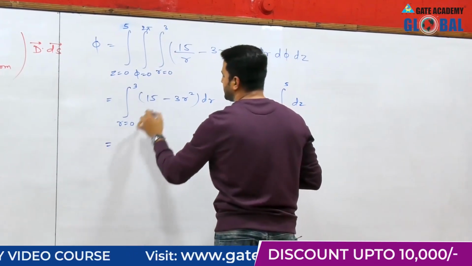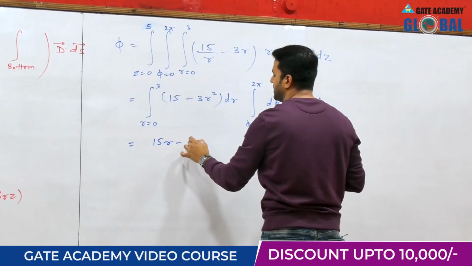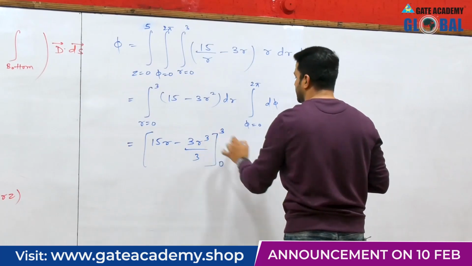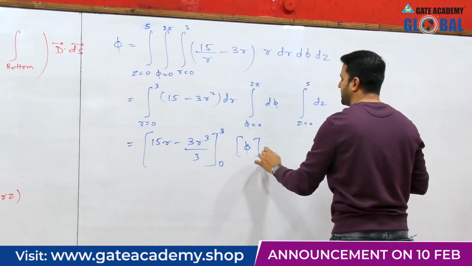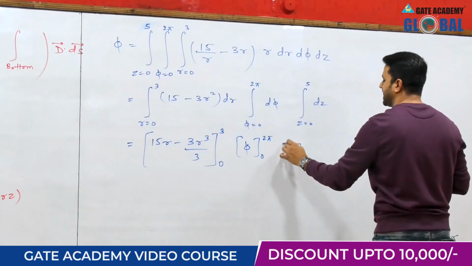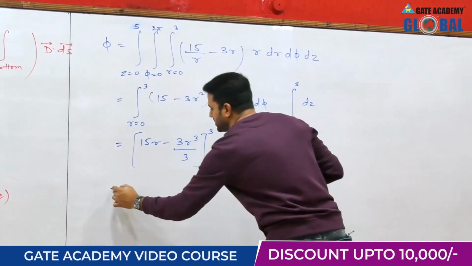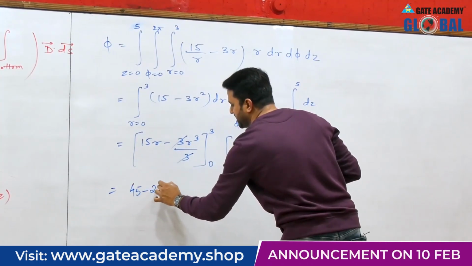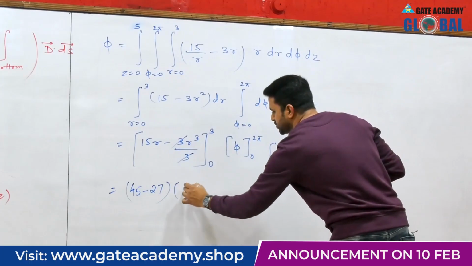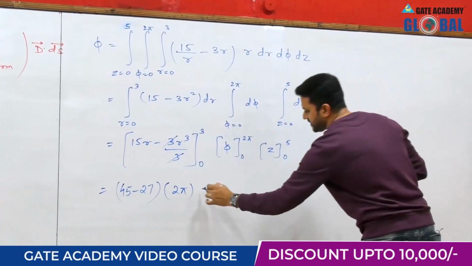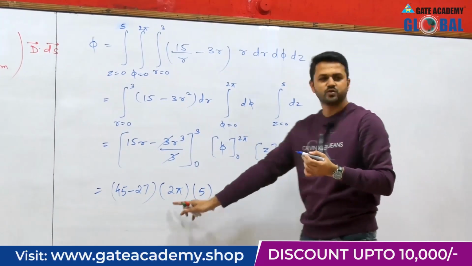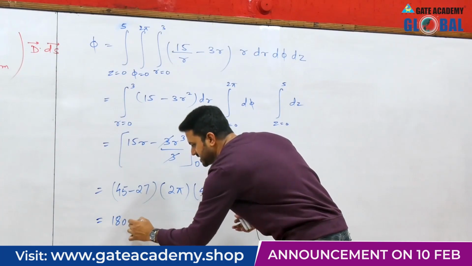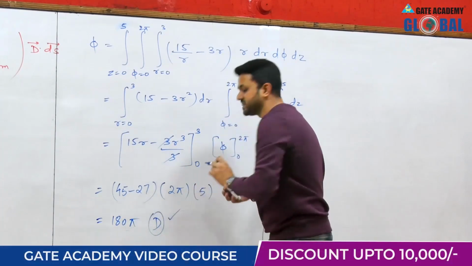Integrating with respect to r, I get 15r minus 3r cube divided by 3, limit from 0 to 3, times phi from 0 to 2 pi, times z from 0 to 5. The 3 and 3 cancel. Substituting 3, we get 45 minus 27, times 2 pi, times 5 minus 0, which is 5. So 5 into 2 is 10 pi, and 45 minus 27 is 18. The answer is 180 pi, so the correct answer is option D.